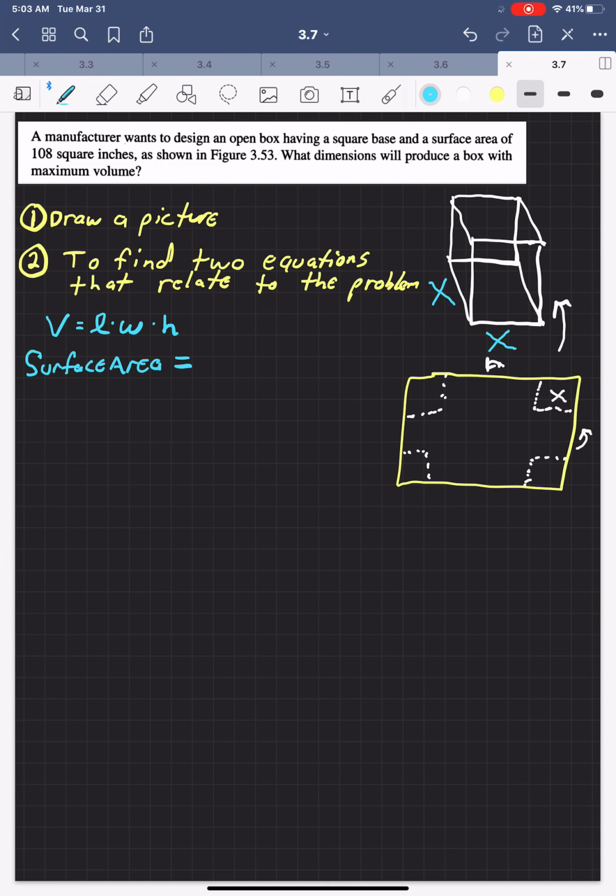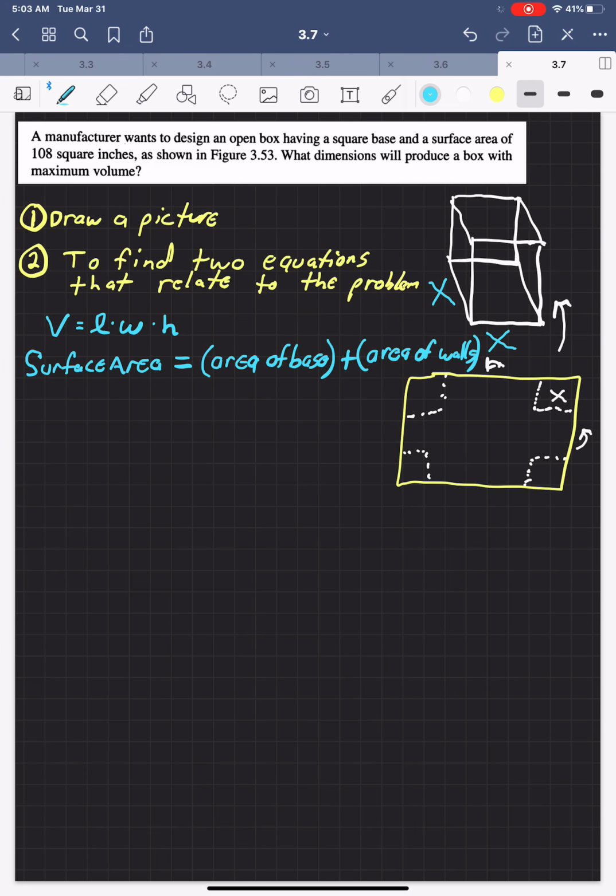So the surface area is simply going to be the area of the base plus the area of each wall. Now, do you agree with me that we don't have to worry about the area of the top because this is an open top box? So, all right, these are two different formulas that both deal with a cube.